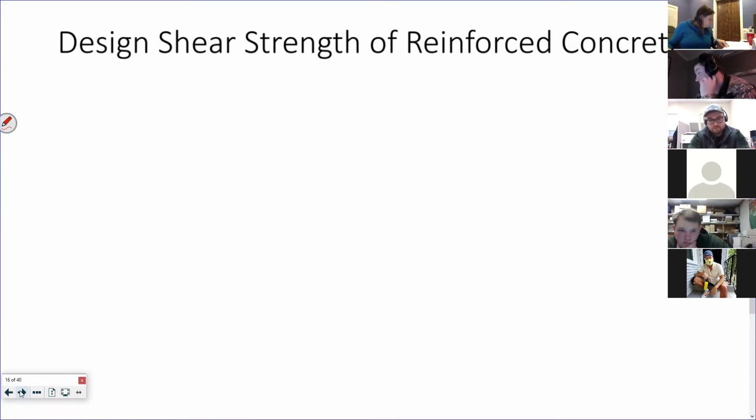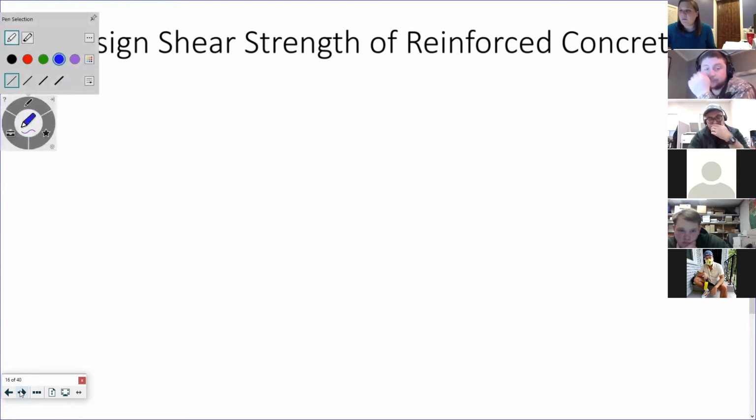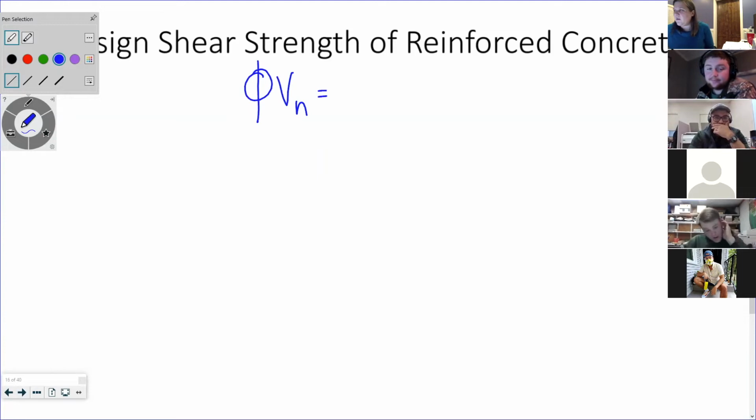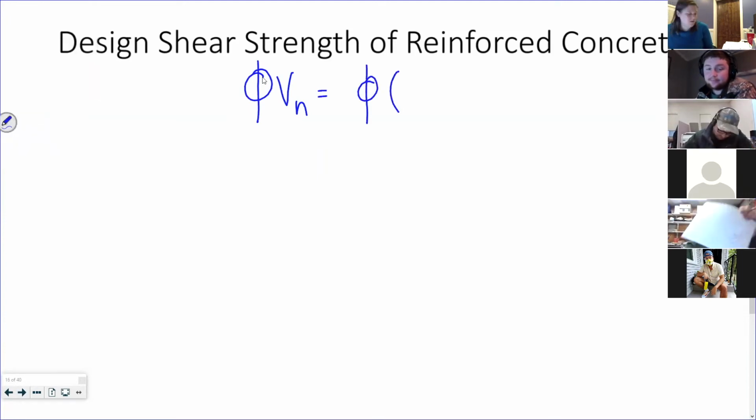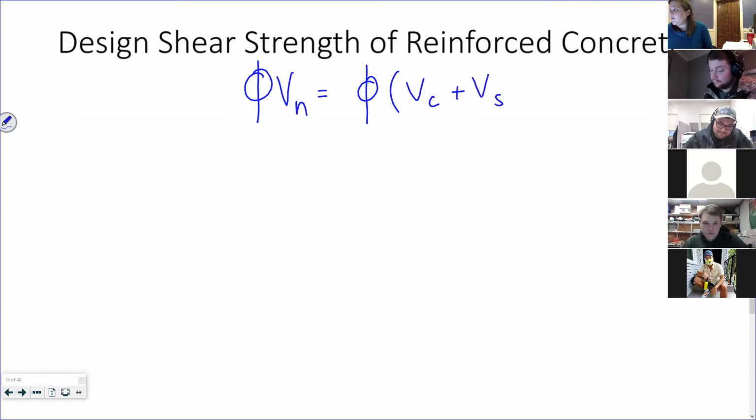Page 401. VN is equal to phi times VN, and our VN is equal to our shear strength from our concrete and our shear strength from our stirrups.